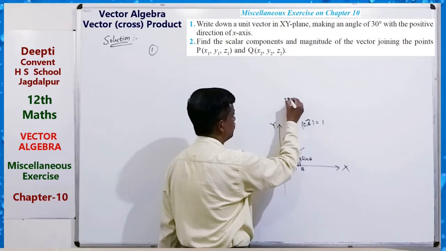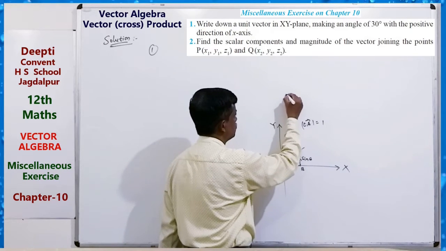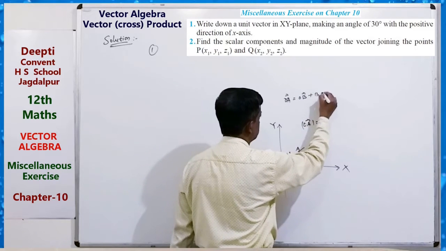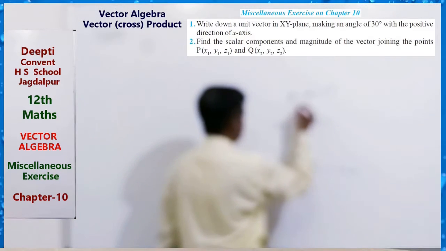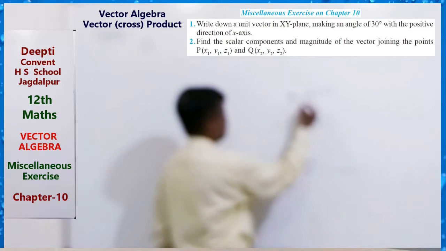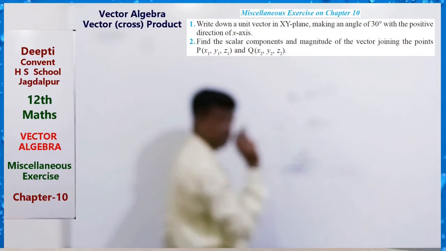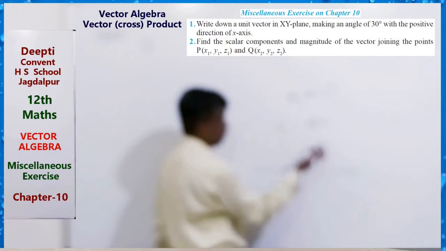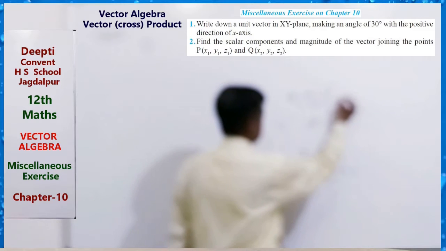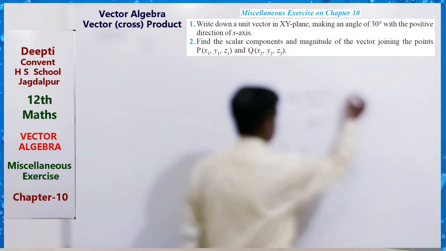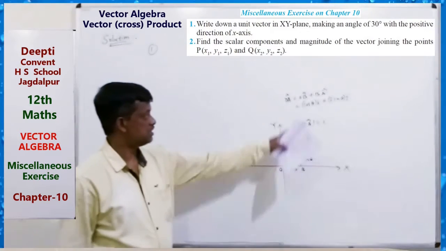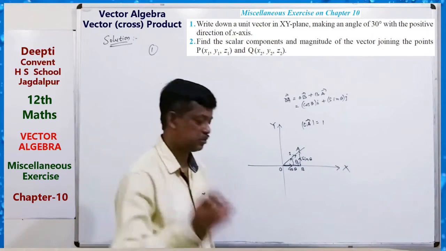That is, OA equals OB plus BA, and OA means the unit vector. So for this unit vector, the vector components are cos theta into I plus sin theta into J. So this is a unit vector in the xy plane.